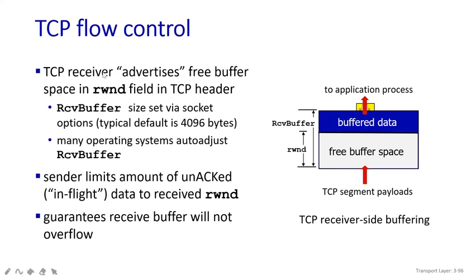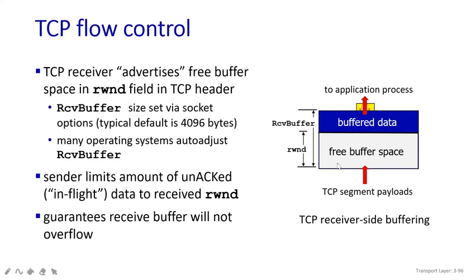It means that, as I told you just now, it will tell the receiver side that I have some free buffer space. Now you can inform the sender side that it can send more packets of data, because I have some extra space where I can allocate those packets. This guarantees the receive buffer will not overflow.